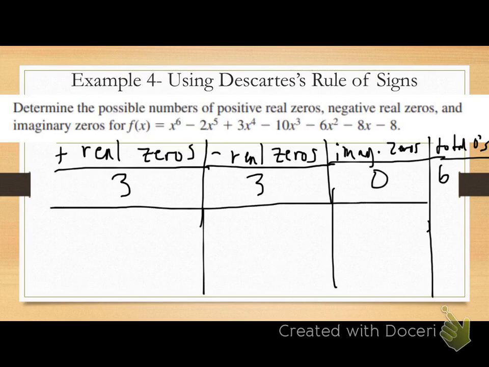So there's one possible outcome. Now let's say we had 3 positive real zeros, and then we said we had 1 negative real zero. If I have 3 positive real, 1 negative real, that would mean I would have 2 imaginary zeros, because I want a total of 6.